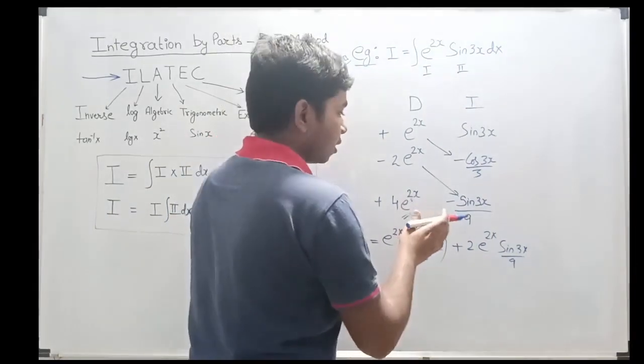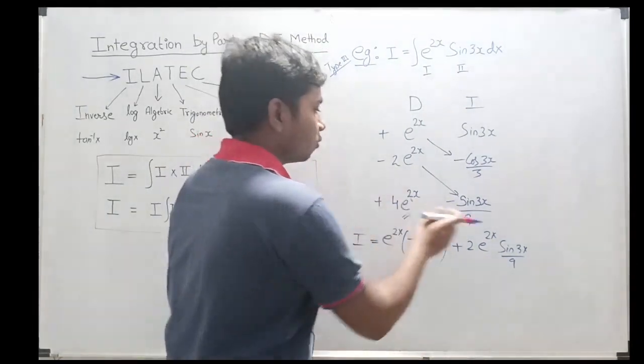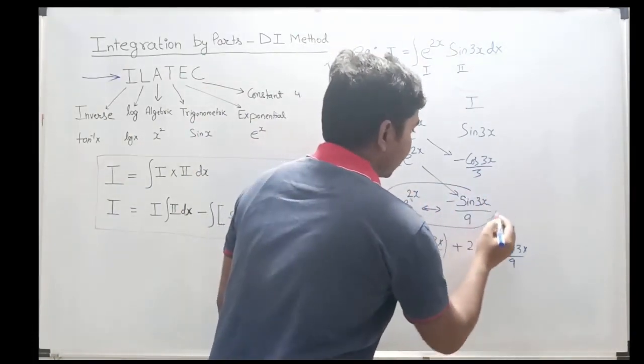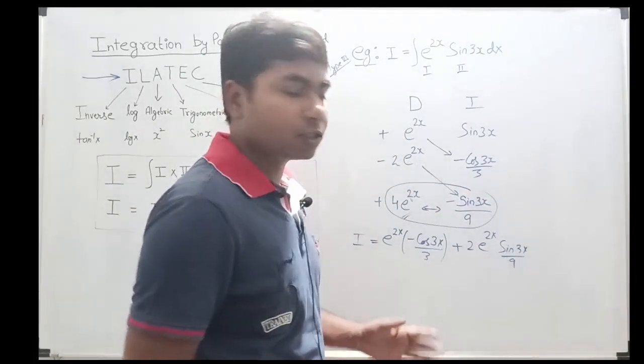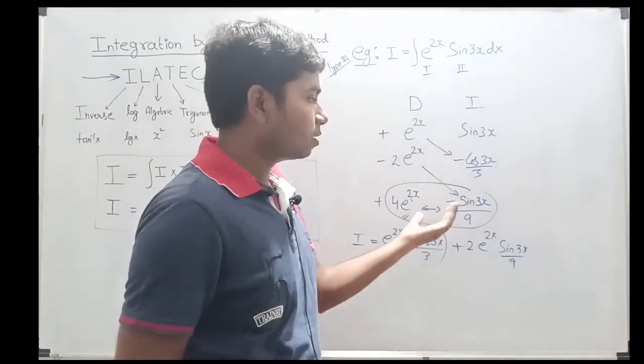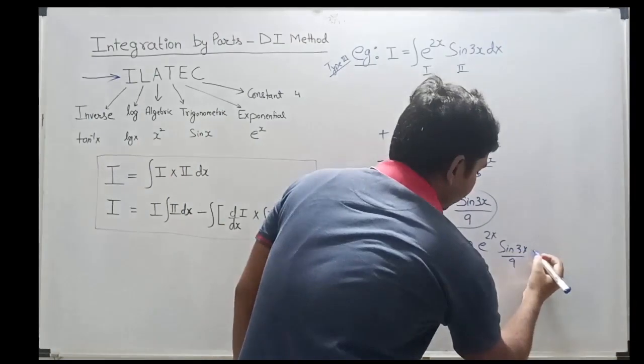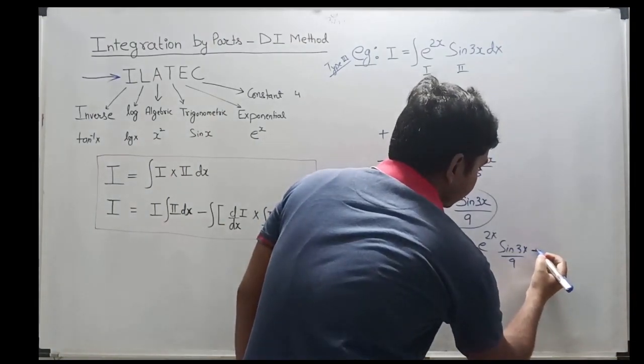Now, as we all know, I is left here, so I have to multiply these two functions in a straight line. As I told you in the previous question, if we are multiplying the functions in the same row, we have to use the integration sign. So we will use the integration sign.